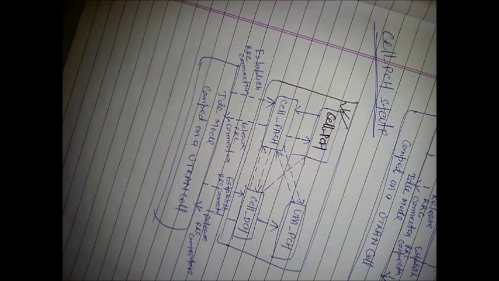If UTRAN wants to send data or signaling to the UE, UTRAN must first page the UE during the assigned paging occasion. UTRAN only needs to page the UE in one cell.